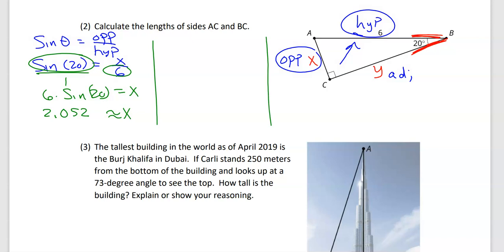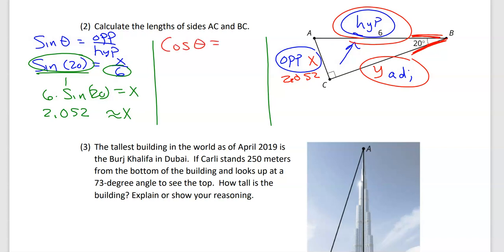For BC, you have 2 options. One would be to do another trig problem using the adjacent and the hypotenuse, which is cosine, or because you have 2 sides of the triangle now, you have the 6 and X is 2.052, you can also use the Pythagorean theorem. Since this unit is about trigonometry, I'm going to go ahead and do the problem as a trig problem.